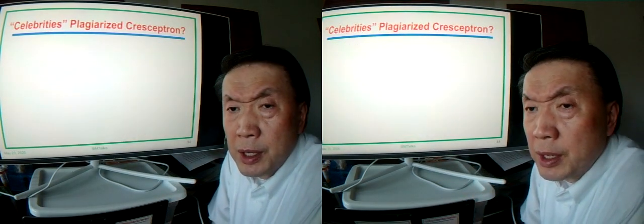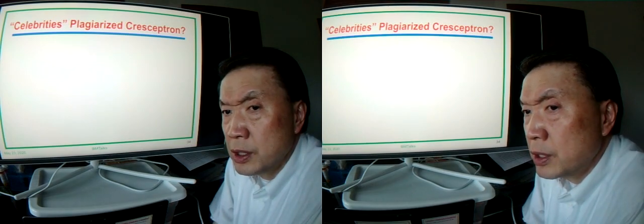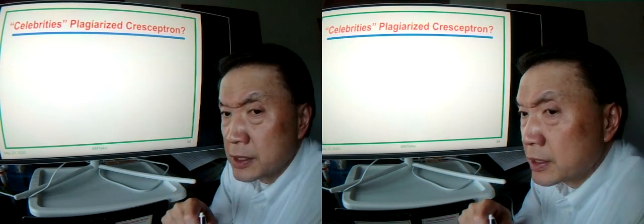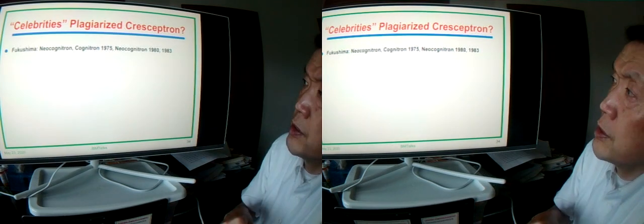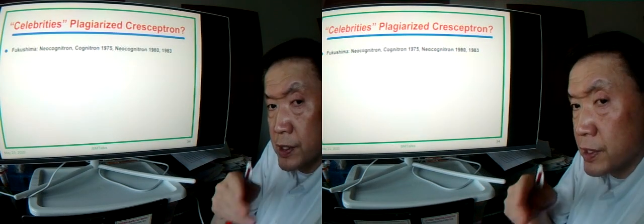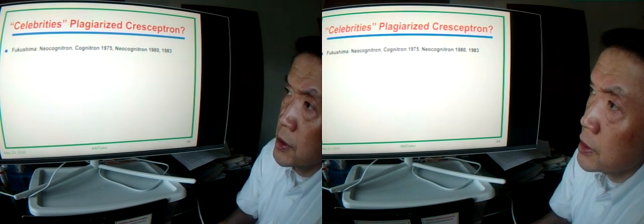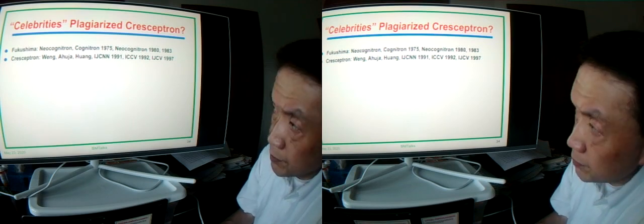There are many researchers that are interested in computer vision, also including other modalities. I call them celebrities. But somehow their behavior seems to amount to... I cited Fukushima's work because I got the idea of the cascade from him, but I deal with general problems. Then we have Cresceptron with Ahuja and Huang.